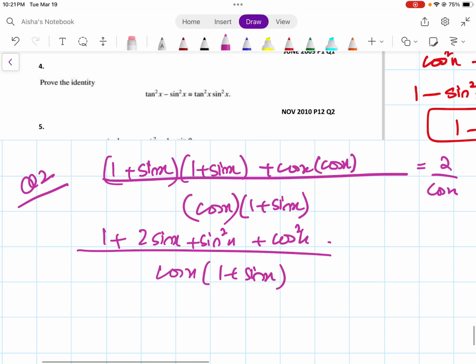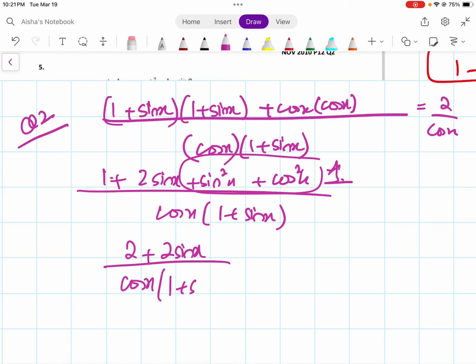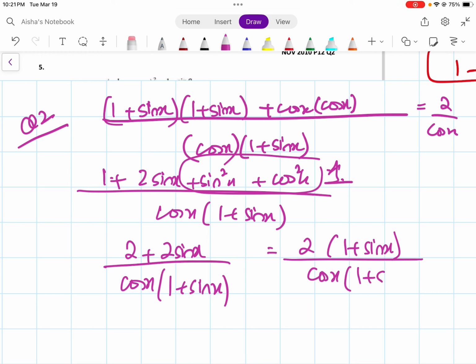Very simple identities. This entire thing will become 1. 1 plus 1 is 2. Let's take 2 common out. Cancels out. I'm left with 2 upon cos x.